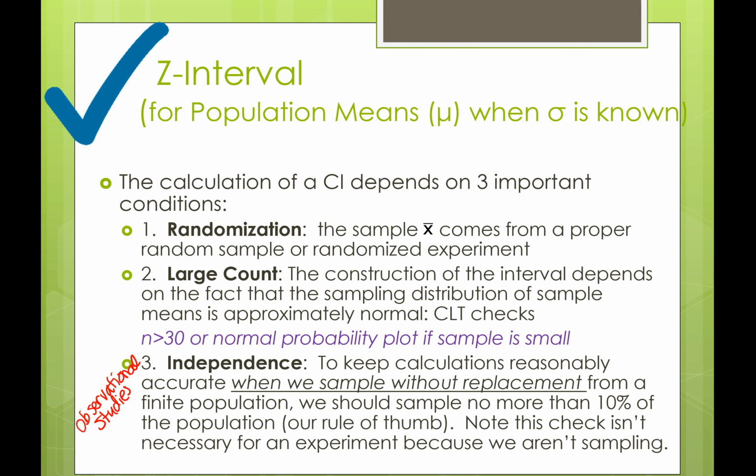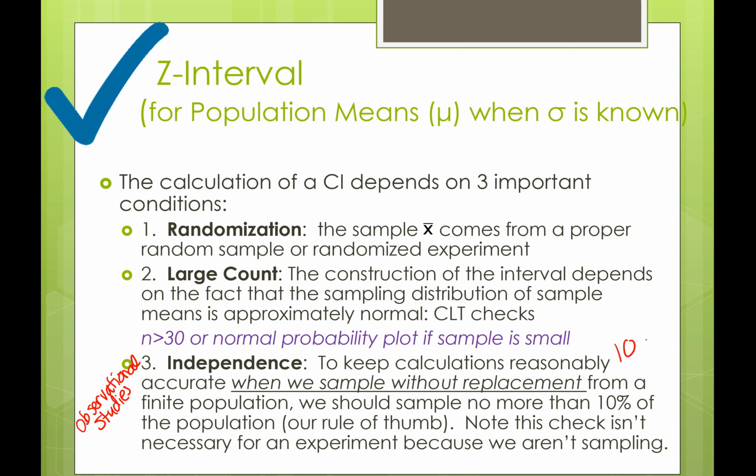So with sampling, we want to make sure that 10 times our sample size is not more than the population, or 10% of the population is not less than the sample size.